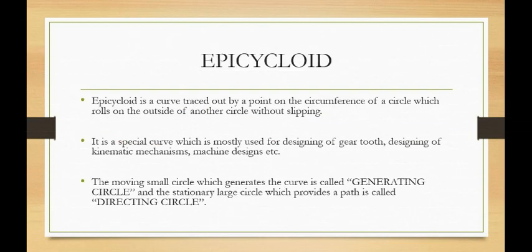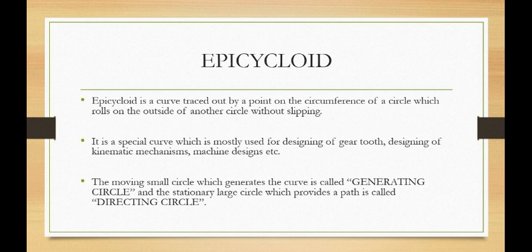Now, as you can see here, the definition of the epicycloid is that when a generating circle is rolling on the outside circumference of the directing circle, then any point on the generating circle will trace a path which is called the epicycloid.